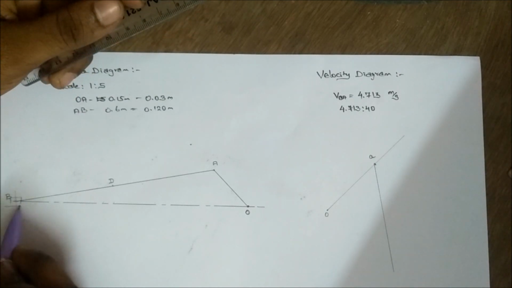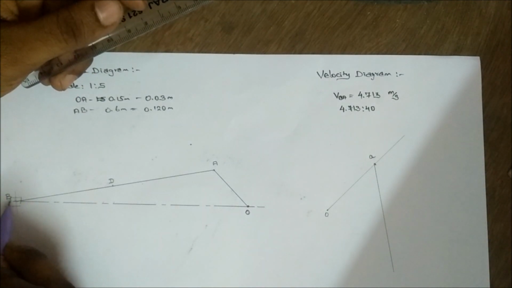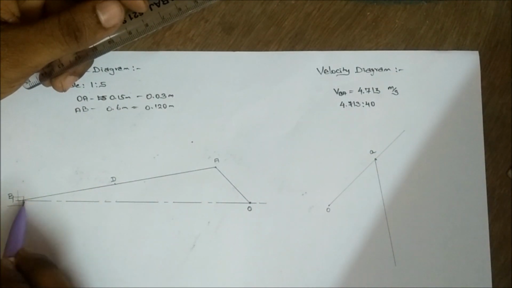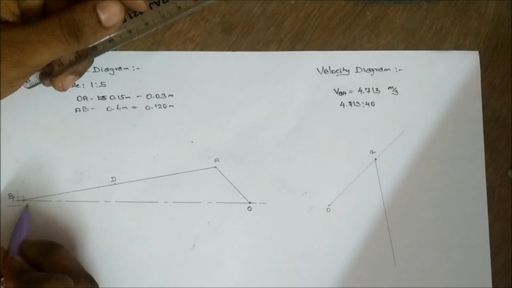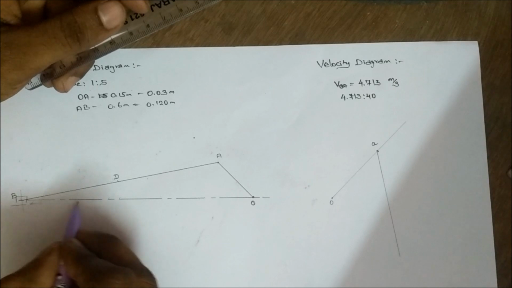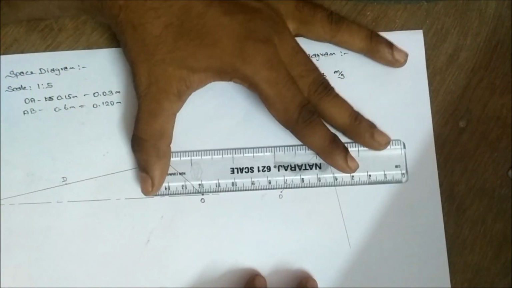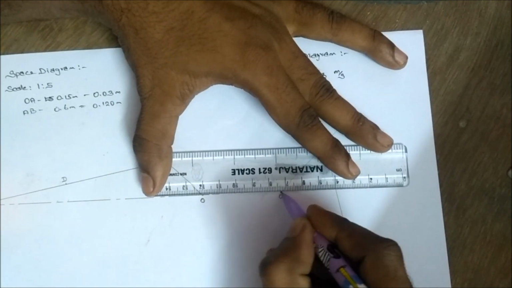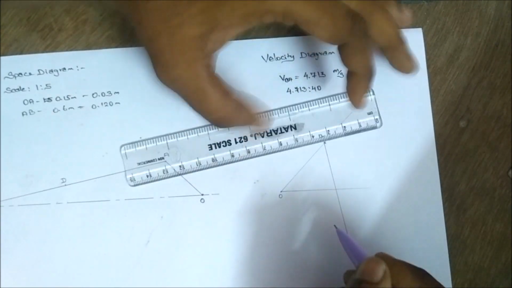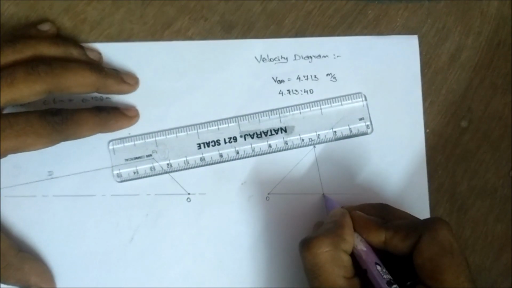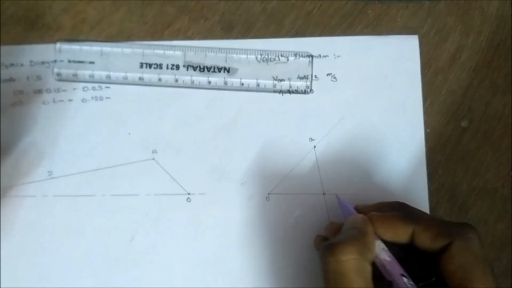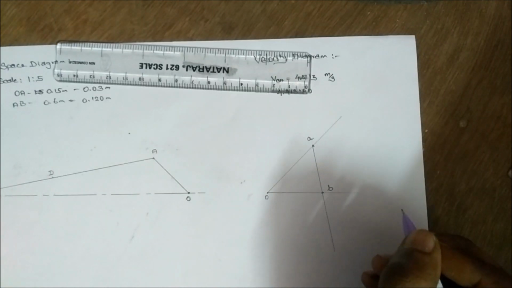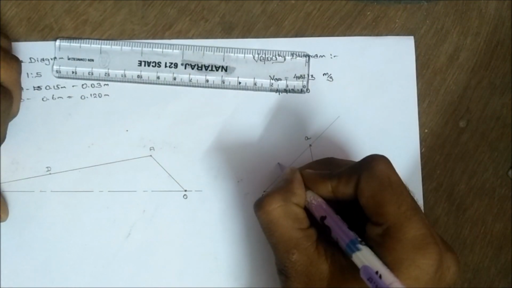Here we have the slider, whose velocity we are going to find out, connected to B and O. The slider is going to move in a linear way, so the velocity is going to be parallel to the axis. Since the slider is moving on the line, the velocity of that will be on the line. So now we have got a point. This point will be named as point B. Use it in small case. We have the velocities now.